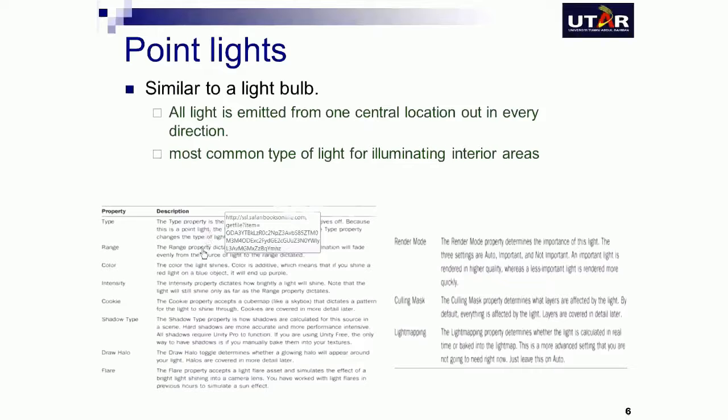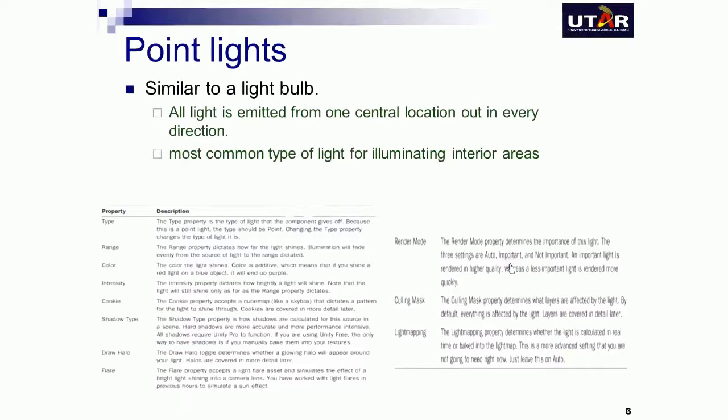The range, how far the light goes to, the color of the light, the intensity, how strong the light is, the cookie, whether the light throws a shadow or not, whether you want to draw a halo around it, and whether you want to use a flare to create a simulation of a bright light shining into a camera lens. Then the render mode determines the importance of this light, and the culling mask determines what layers are affected by the light. So we look at that later on when we examine the topic of layers.